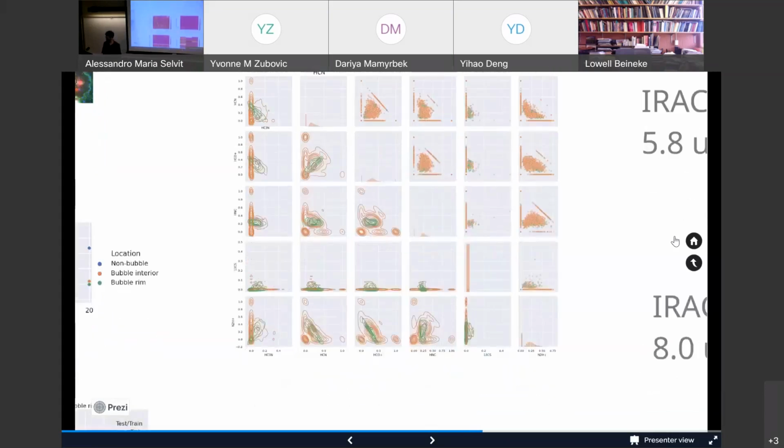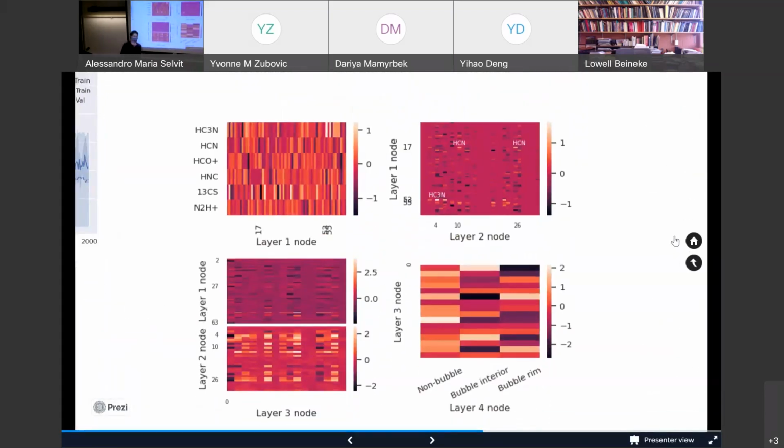We can try to work through the weights to see if we can trace out this same pattern, specifically HNC and HC3N. Let me just briefly mention this. The last layer of the network predicts, say, bubble rim.